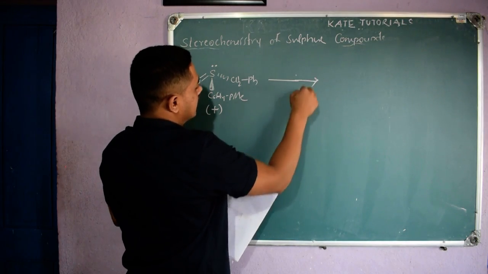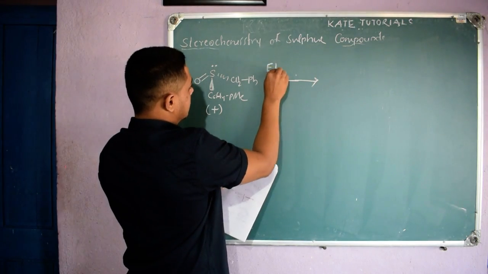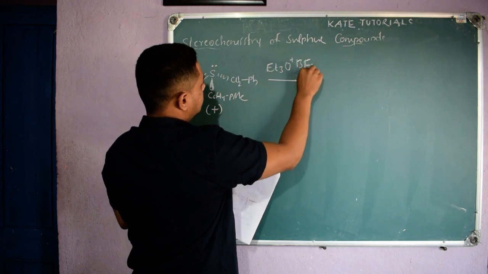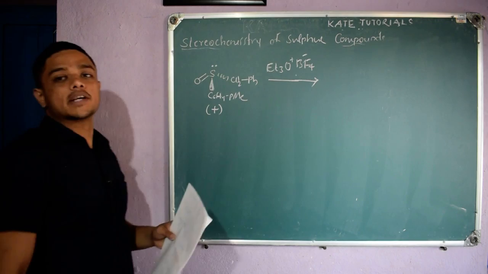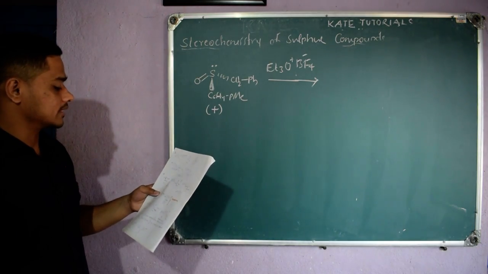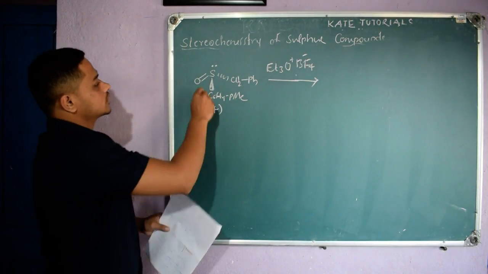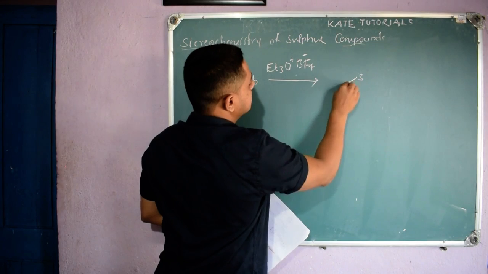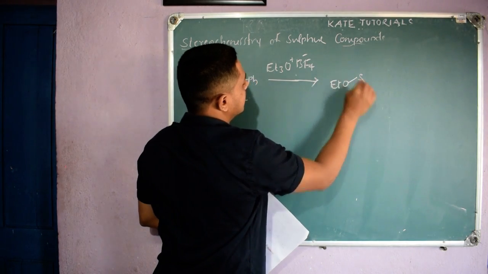To this they added Et3O+ BF4-, the same reagent which I used previously. What it does is this: the oxygen is bonded to Et, so it forms three bonds, O-Et like this.